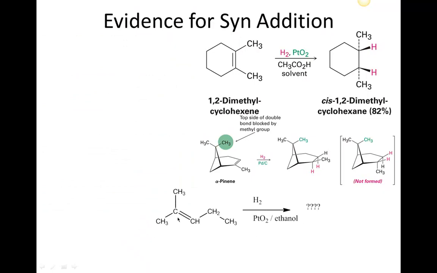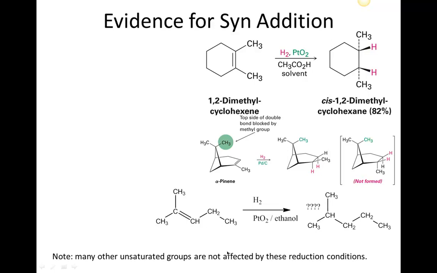And here's another example. In this case, you really can't tell that they're coming in on the same side, but all we need to do is make this into an alkane. So there's our product. And we're going to notice also that even though a ring is a point of unsaturation, this ring and that ring, those are points of unsaturation, none of those things are affected by catalytic hydrogenation.